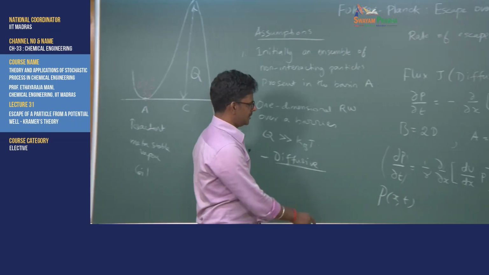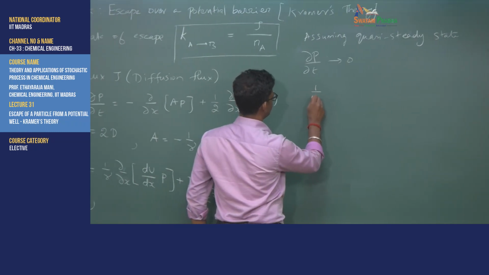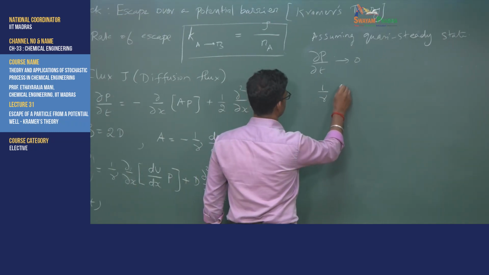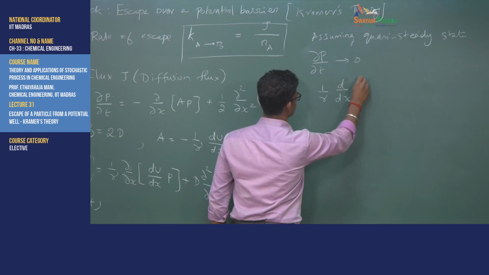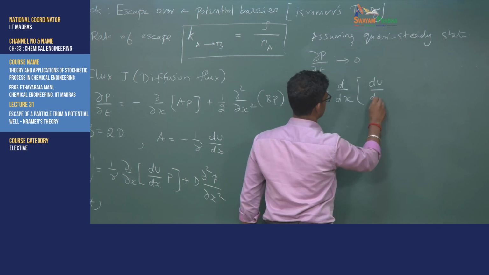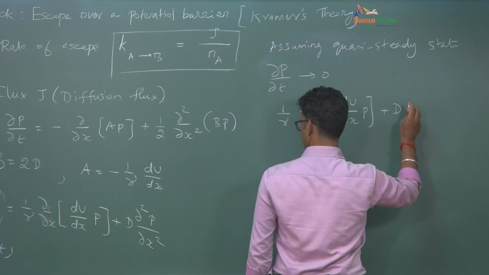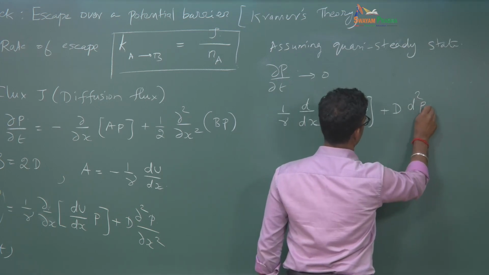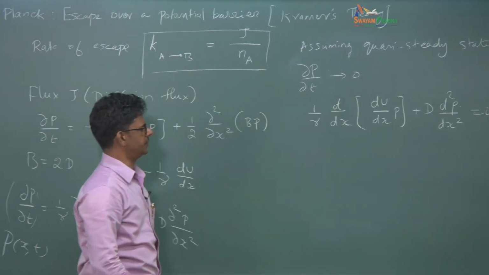So we will see that the time derivative is set to 0. So we have 1 by gamma d by dx, is equal to 0.